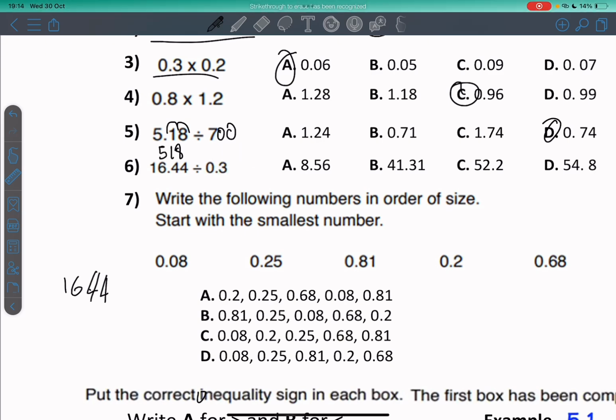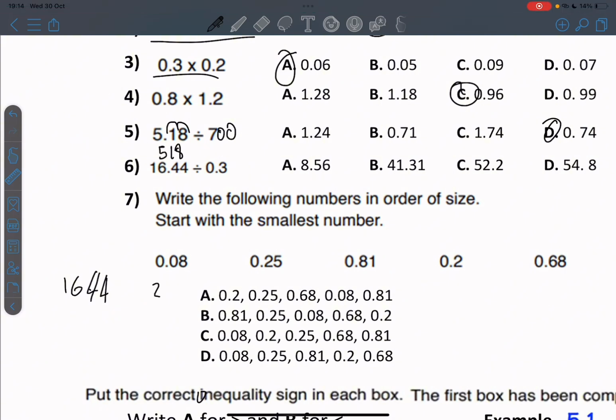0.3 times 100 will be 30. So this is our thing here, right? So 30 into 1644, you should be able to work this out now. If we times this by, I think 5, actually, let's go 5.